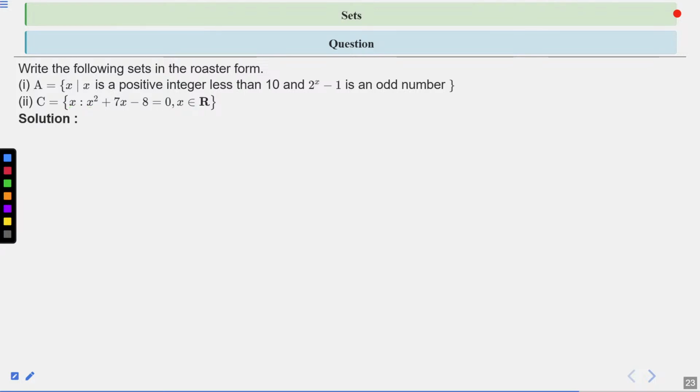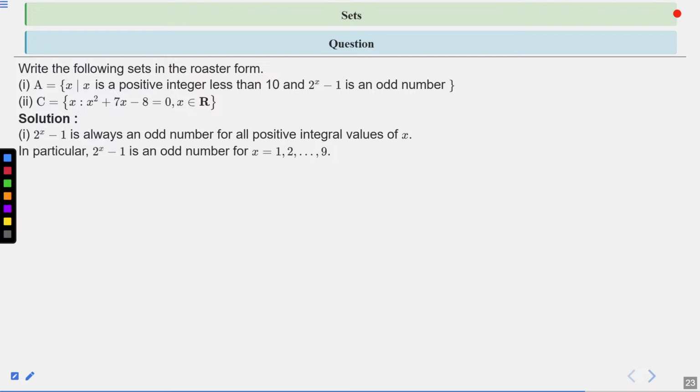So, solution. I hope you all tried. First of all, observe that 2 raised to the power x minus 1 will always be an odd number for any x belonging to the positive integers.